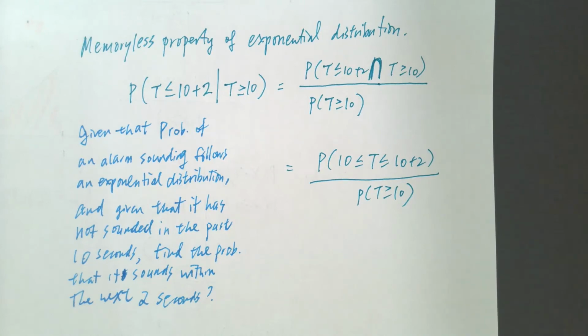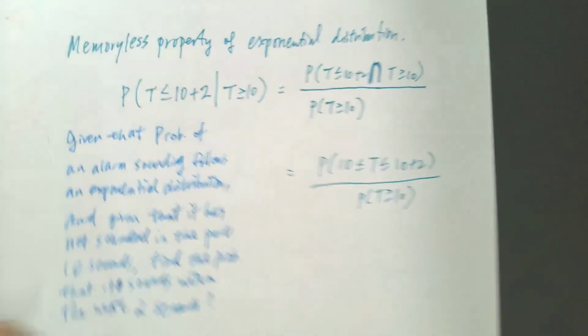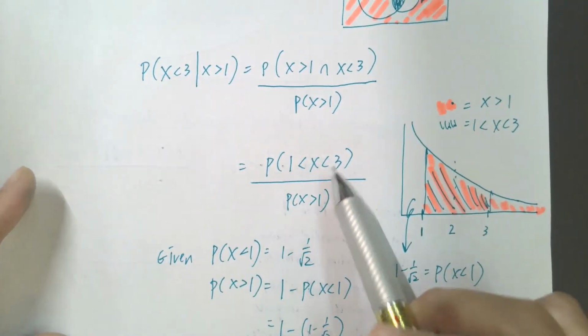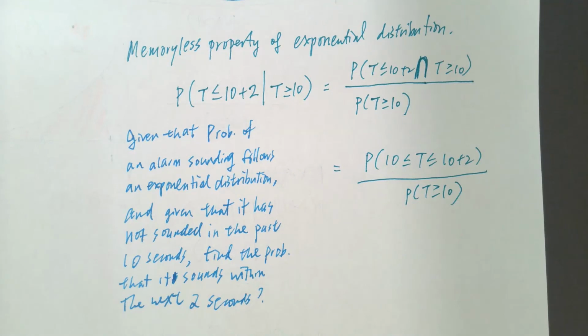So it looks awfully like our question. Let's take a look at what our question was. Right, in our question we're looking for between 1 and 3 and x greater than 1, right? And then by this point you should go through whatever your calculation is.